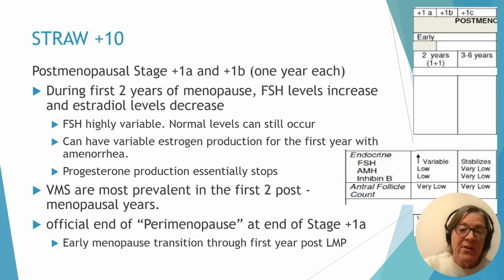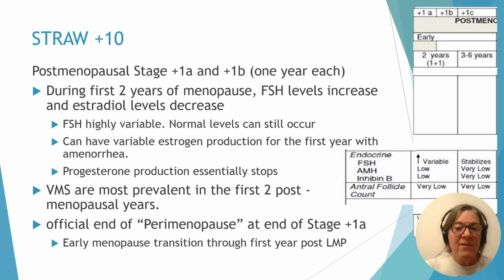You can have variable estrogen production for that first year, even with amenorrhea. And then the progesterone production is essentially stopped because you're not having any ovulatory cycles. Vasomotor symptoms are the most prevalent in these first 2 postmenopausal years, but as we'll talk about in the lecture on vasomotor symptoms, they can start at the first signs of that menopause transition, and they can persist as long as the rest of the woman's life.